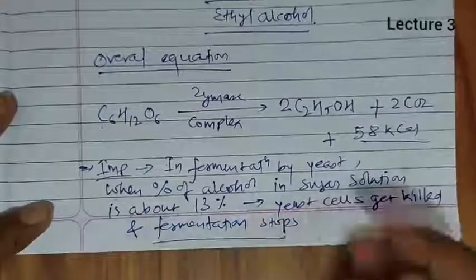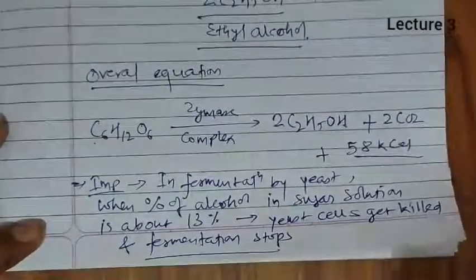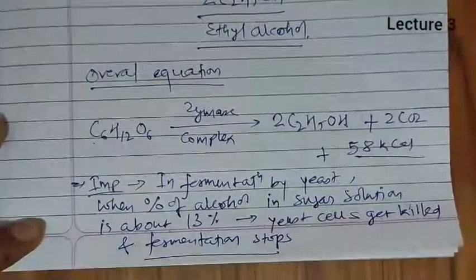So the maximum alcohol concentration in sugar solution that can be tolerated by yeast is 13%.